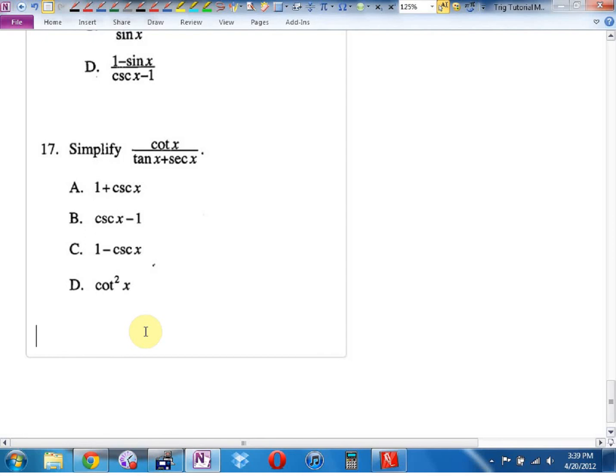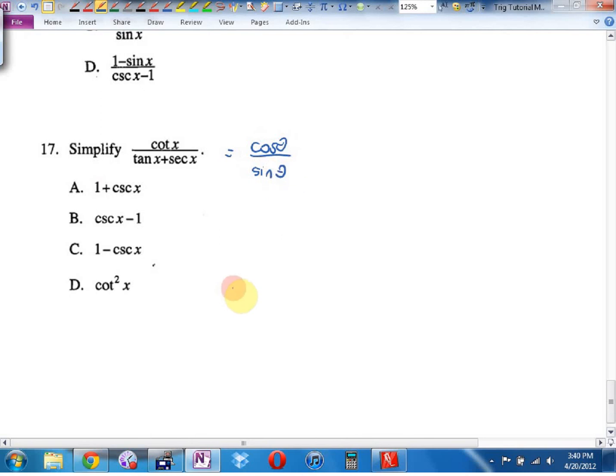Cotangent is, and if you haven't learned by now, do a big fraction bar. Be organized. Sine over cos plus 1. Okay? This is a 4-level fraction.